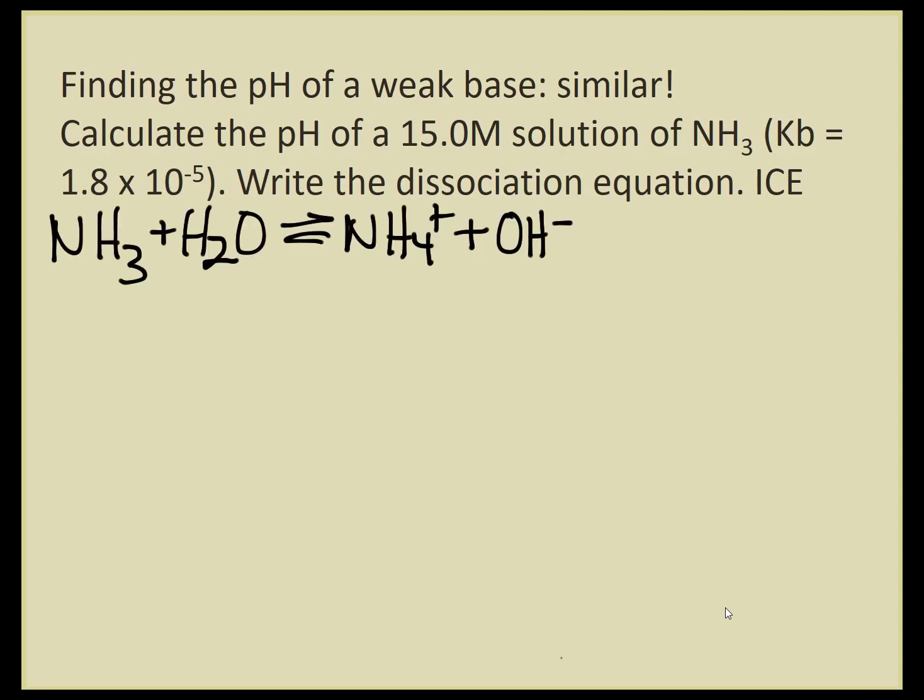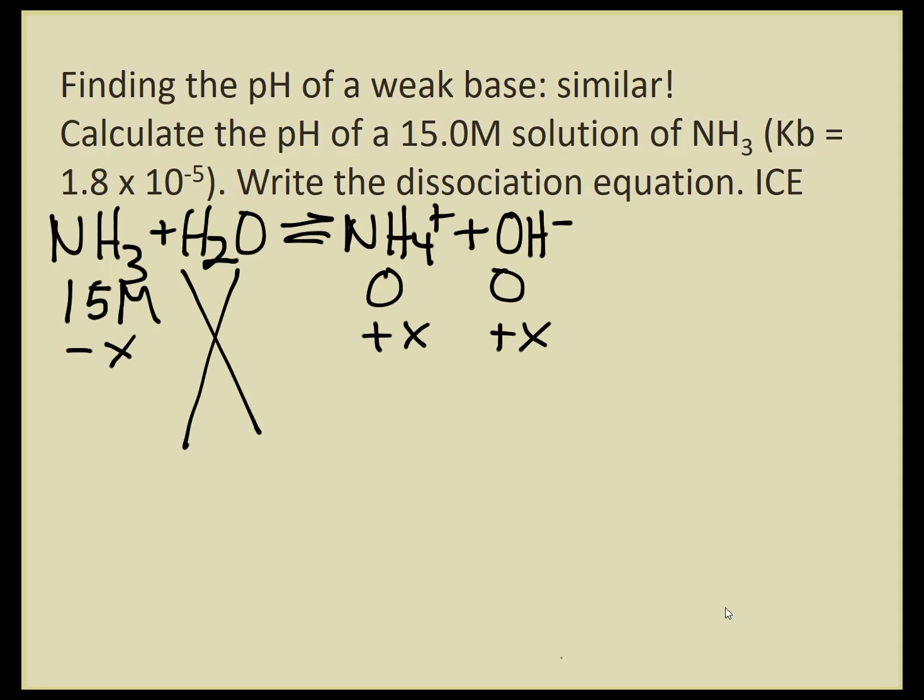So start with what I know. So I have a 15 molar solution at the beginning. H2O is a water molecule, and so it does not figure in our equilibrium at all. This is going to lose a little bit, and these are both going to gain some. And I'm going to end up with 15 minus x here, and an x, and an x. I'm going to assume that the dissociation is very, very tiny, so I don't have to do the quadratic equation.